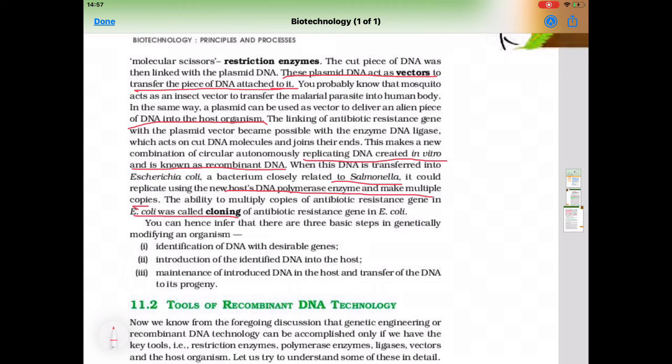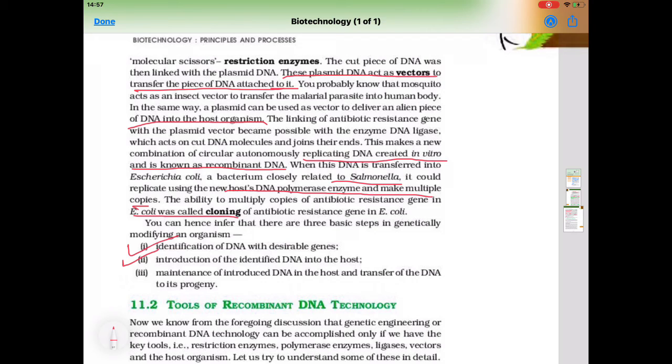You can hence infer that there are three basic steps in genetically modifying an organism. First is identification of DNA with the desired gene. First we will see which gene we require, which is our gene of interest. Second is introducing this identified DNA into the host cell.